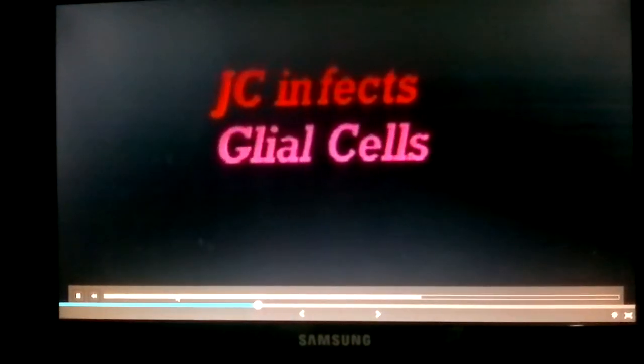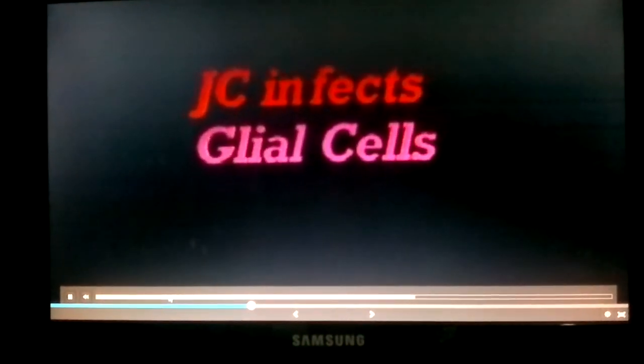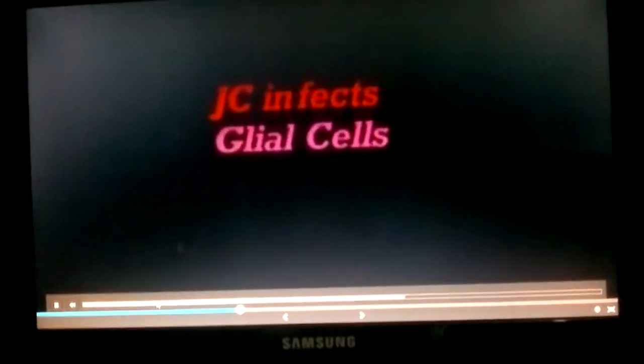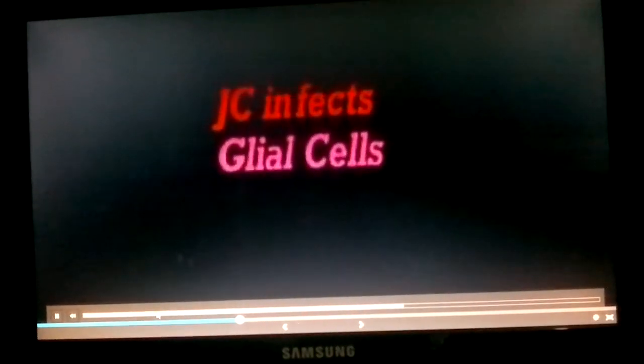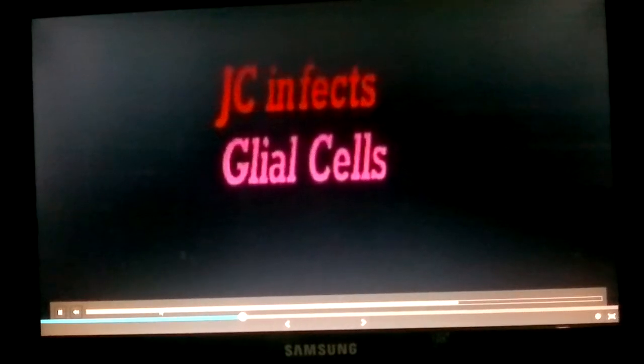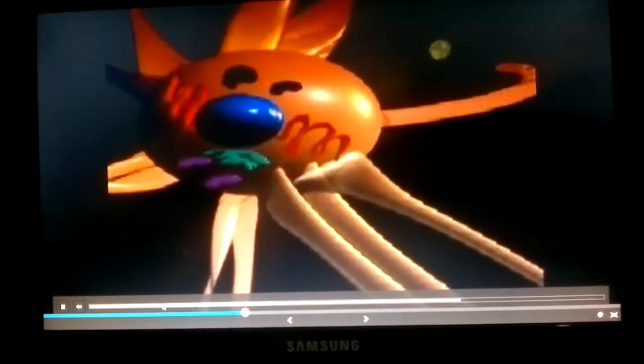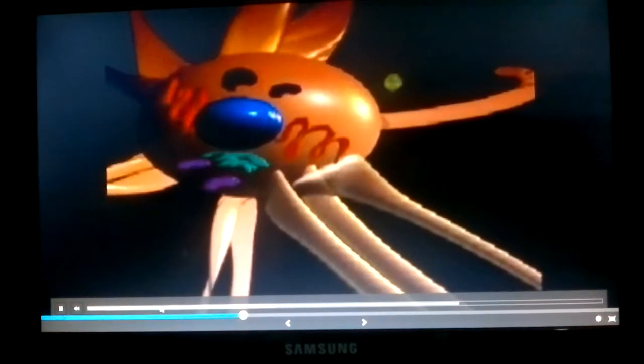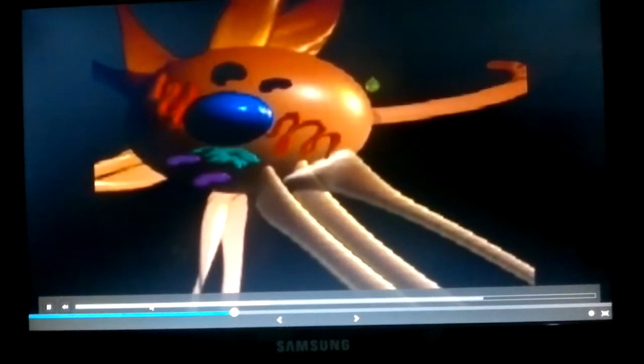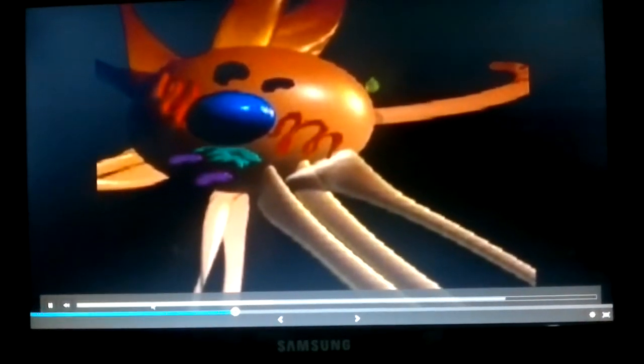Once the immune system is suppressed, JC virus shows a tropism for glial cells. JC virus binds to the sialic acid residues of the glial cells and enters the oligodendrocyte by endocytosis.